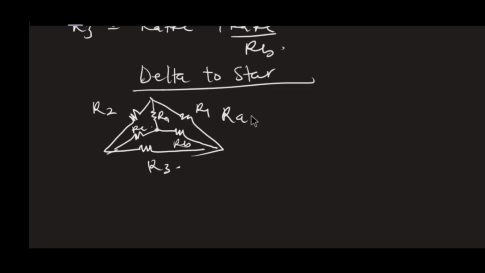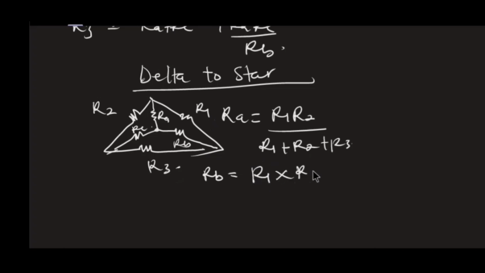My RA finds itself between R2 and R1. So you multiply them: R1 multiplying R2 all over the sum of the three, R1 plus R2 plus R3. Likewise, our RB is found between R1 and R3, so R1 times R3 all over R1 plus R2 plus R3.